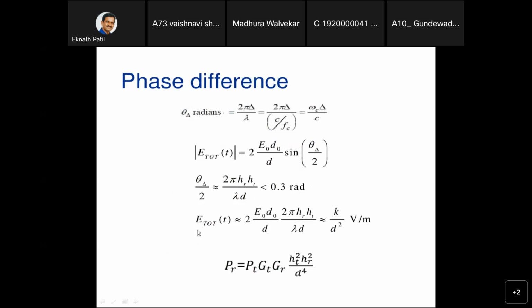So E total, the total electric field received at the receiving antenna, is equal to 2 E naught D naught divided by D into 2 pi HTHR divided by lambda D, which is equal to K divided by D square, where K is a constant calculated with the help of the numerator values, that is E naught D naught 2 pi HTHR.